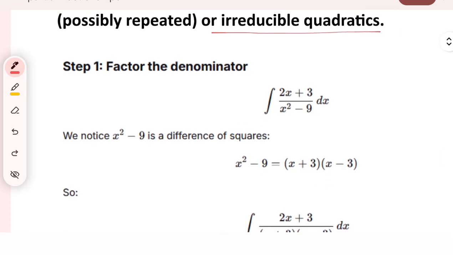If you factor the denominator x squared minus 9, it's actually a difference of squares.